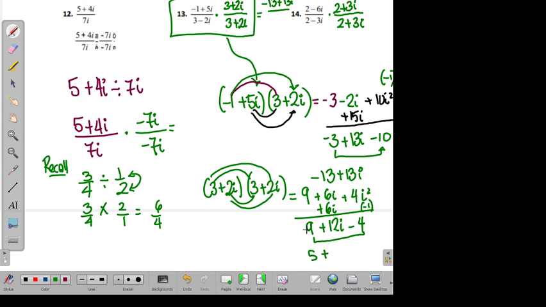The first term was 3 minus 2i. Negative 2i. Oh, did I make a mistake there?